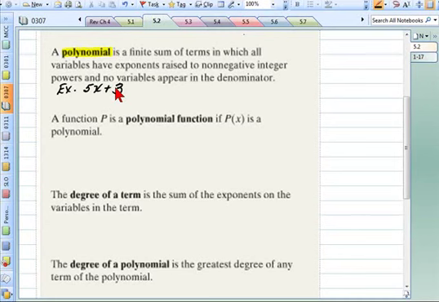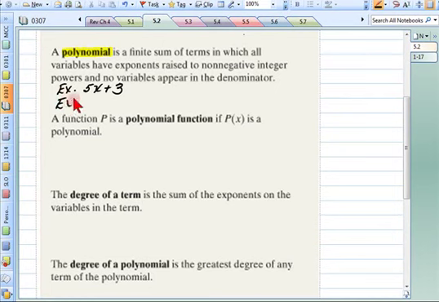That is a polynomial. A polynomial is kind of like a phrase. What's a phrase made up of? A bunch of words attached together. That makes a phrase. A polynomial is like a phrase, except that it's mathematical and it's made of a bunch of terms added together.